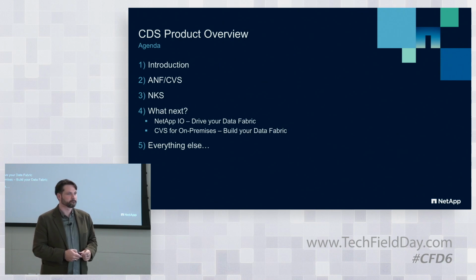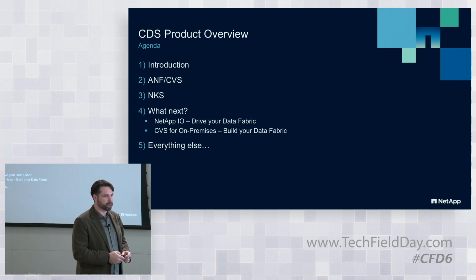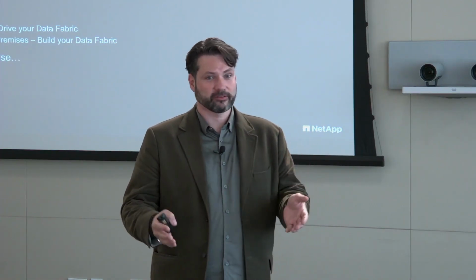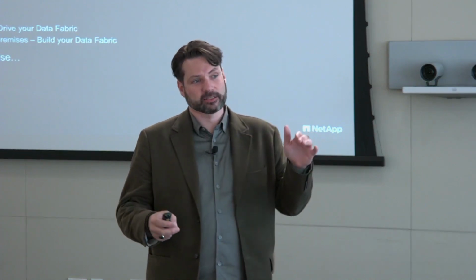I'm curious. Since there's a difference in naming between what runs in Azure and AWS and GCP, is there also a hardware difference on what's backing the cloud volumes versus Azure NetApp Files? They're all the same. We use the word stamp. It's the physical footprint of all the hardware in each data center.